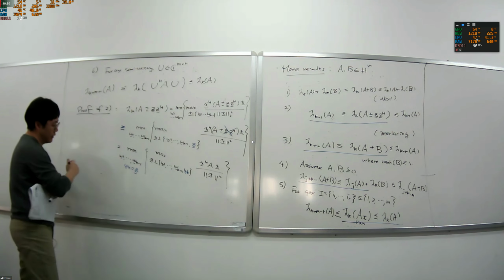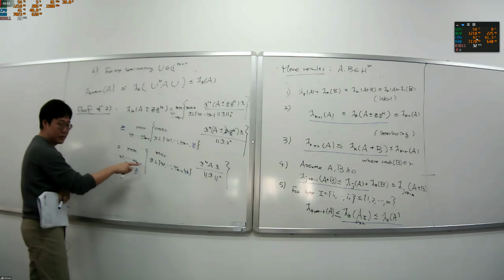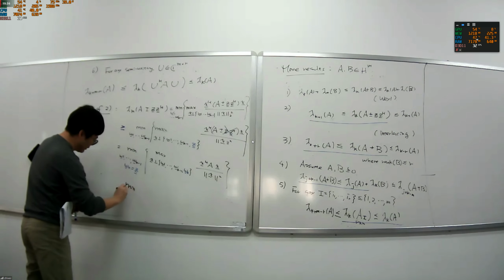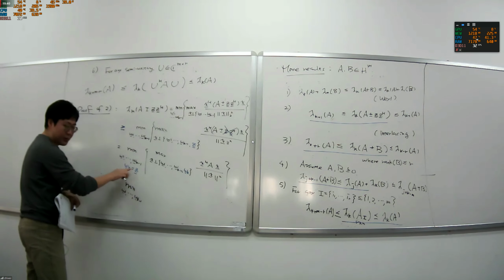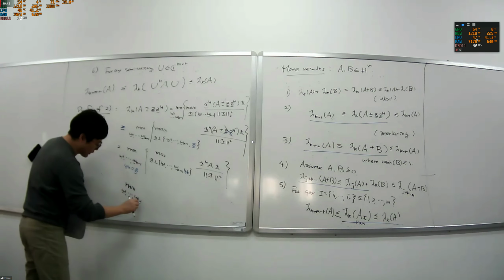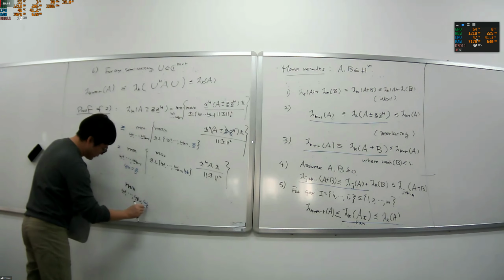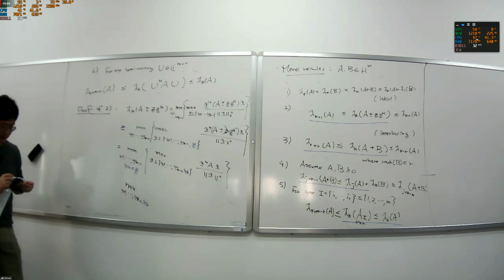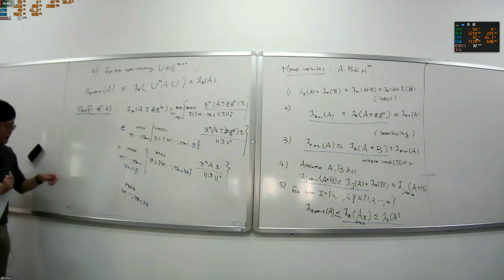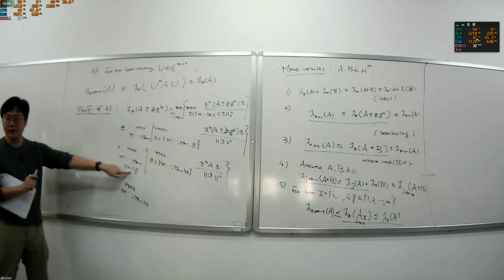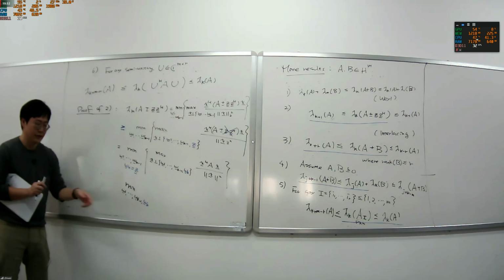Then next we drop this constraint, so W_k has no constraint. Now W_k has a constraint equal to Z, and I drop this.